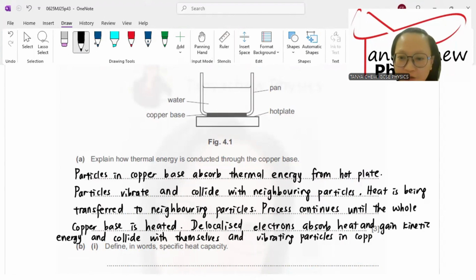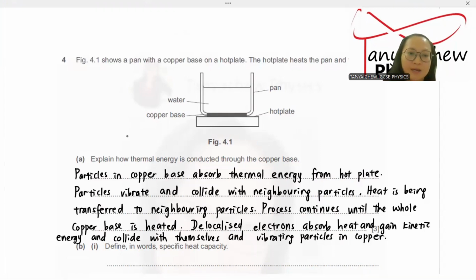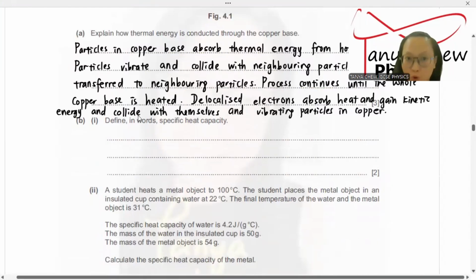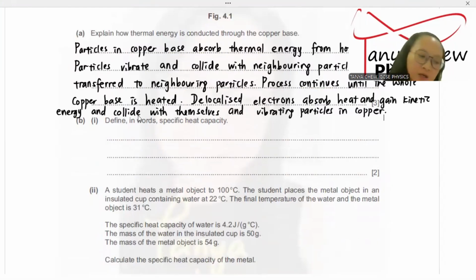So that's the answer. Now B part 1, define in words specific heat capacity.